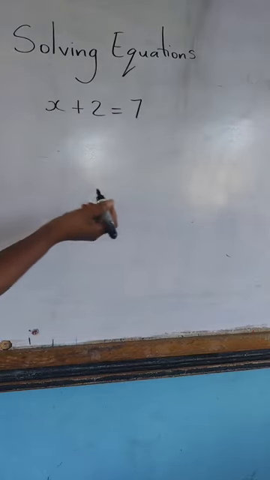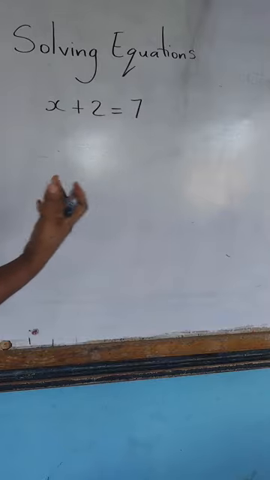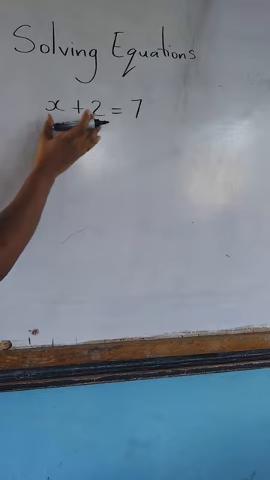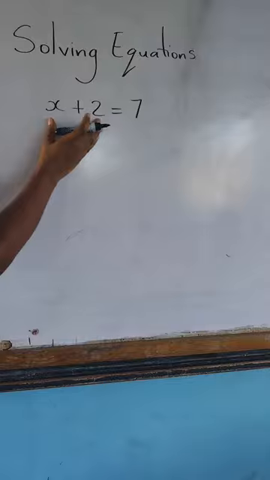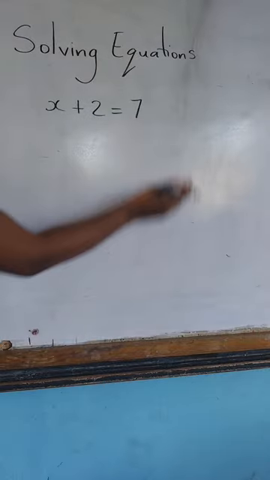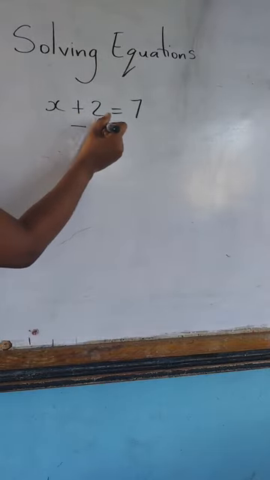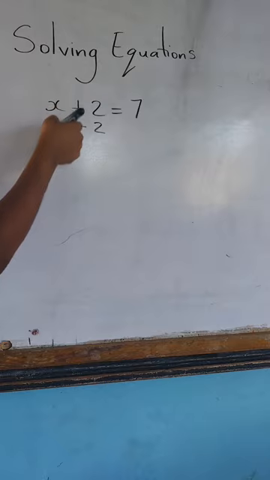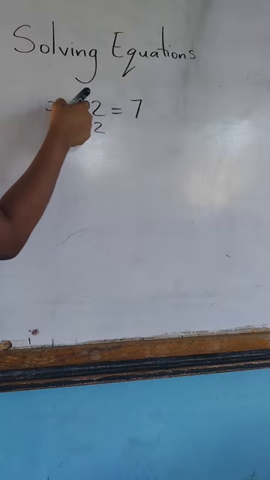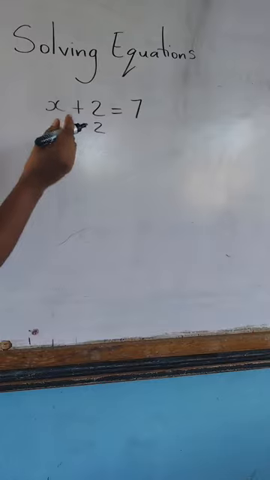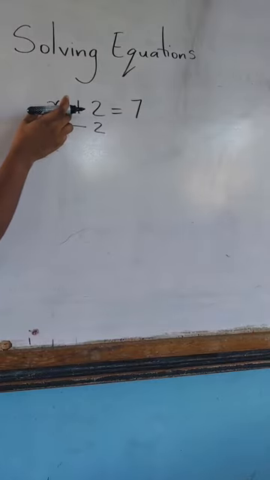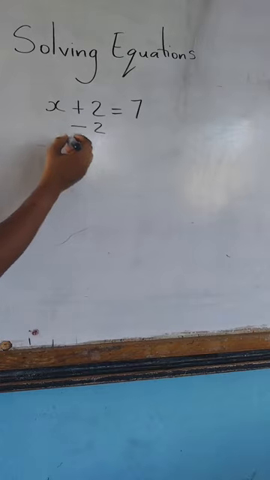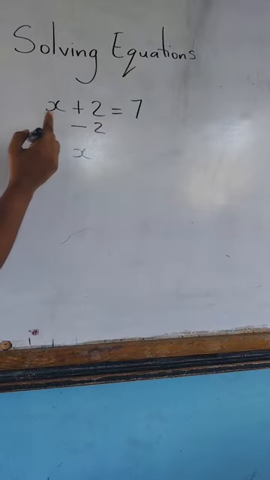Now what we call this is balancing the equation. We're going to do a balancing method. Here I have an equation that says this side is equal to that side. Now I'm going to remove this 2 from the statement by subtraction because it was previously being added. And I'm doing that because I want to know the value of x. Now x would remain by itself in the statement.